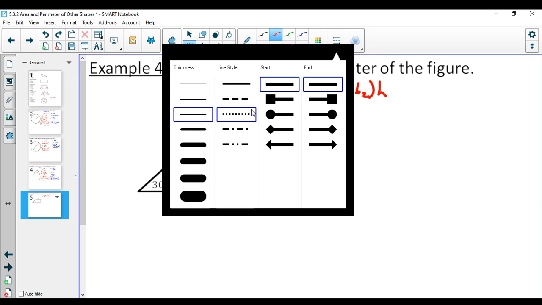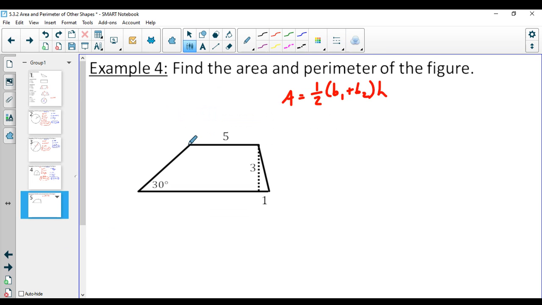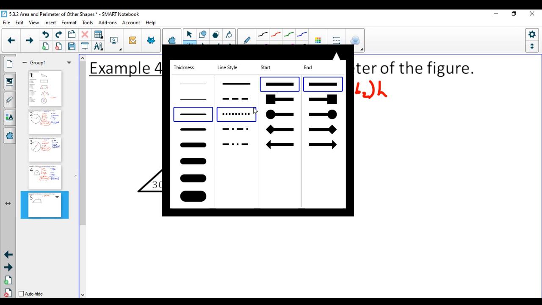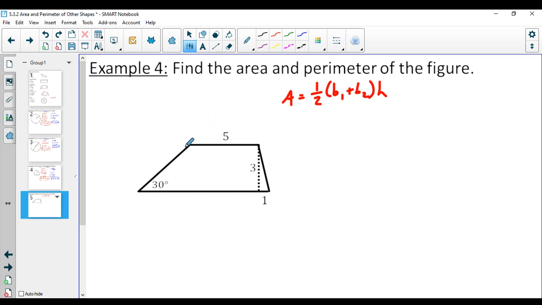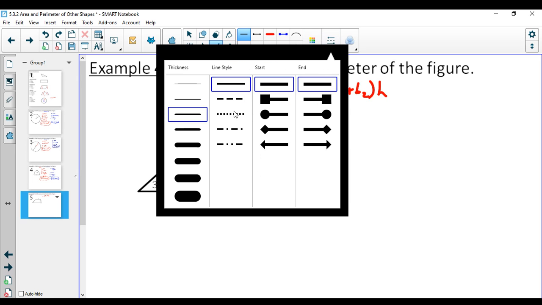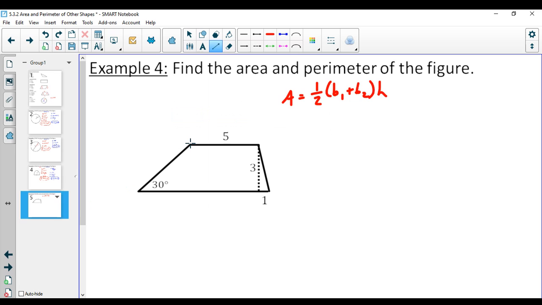And there's something I see here. It might be helpful for me to draw a dotted line in here, over here, because now we can see another triangle, right?